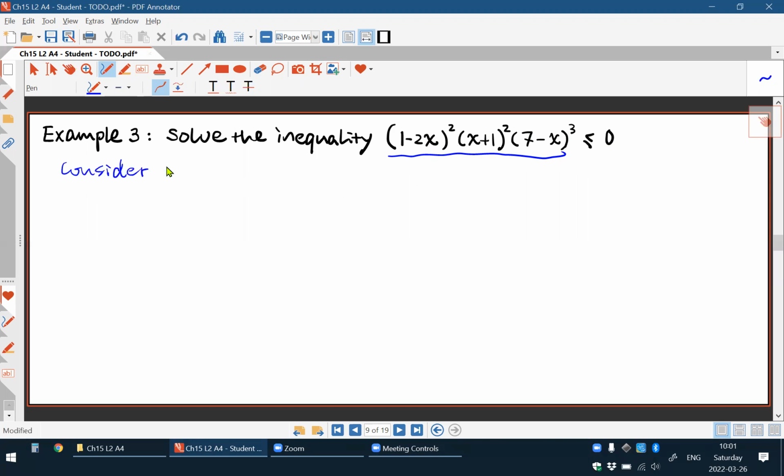Let's say you need to consider the function y equals... basically the left is a polynomial function.